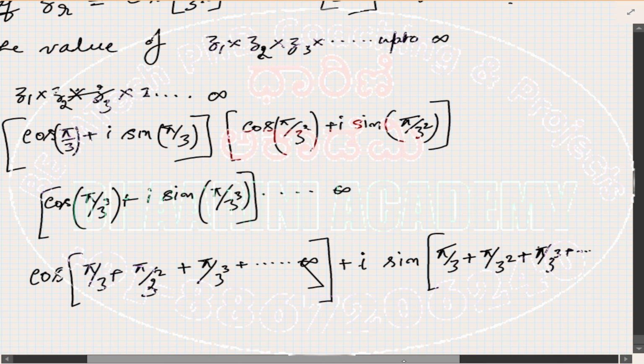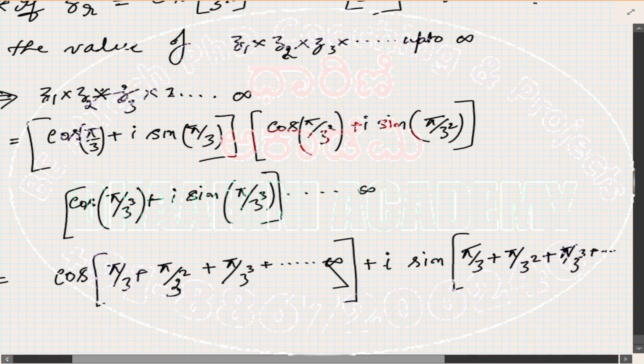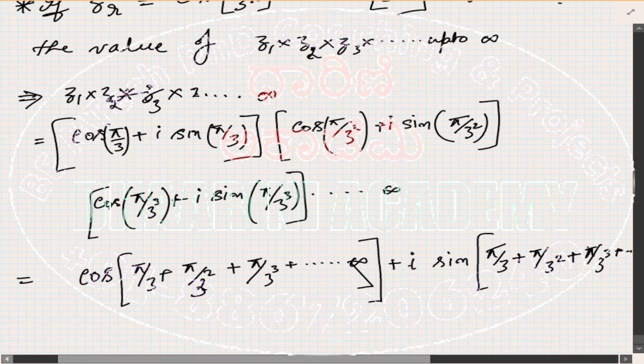Now I have to apply a formula from infinite series. This is an infinite series: pi by 3, (pi by 3) square, (pi by 3) cube, and so on.